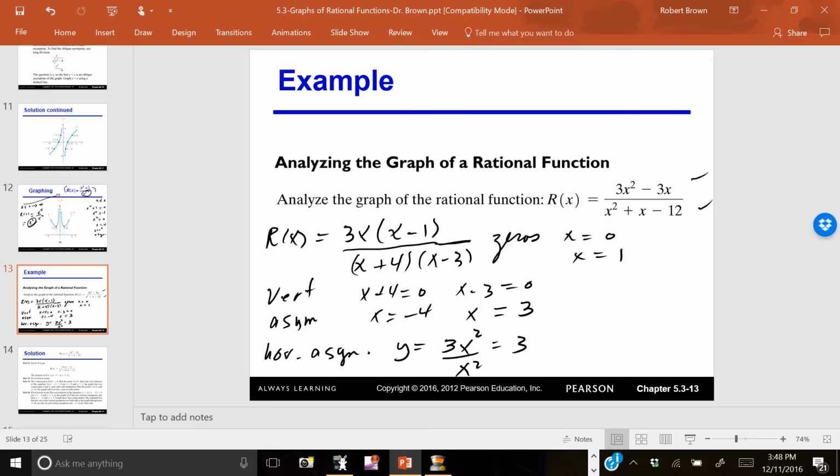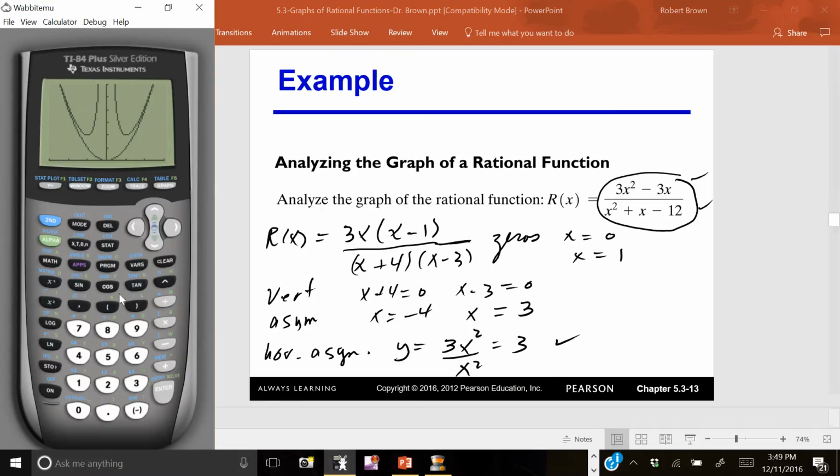So we're going to graph the asymptote and graph the original graph. And we're going to notice in this particular case that the horizontal asymptote will sometimes intersect the graph. So let's go ahead and put this in the calculator.